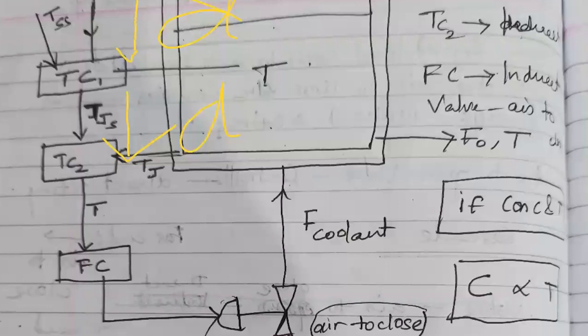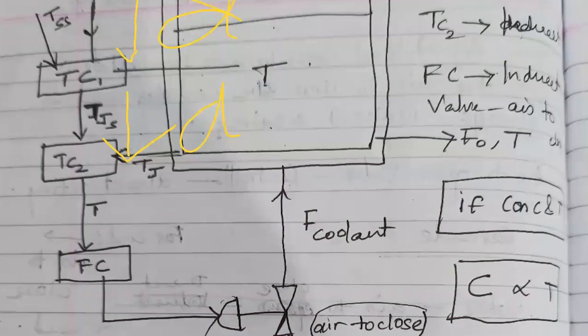So what about TC2? TC2 is getting an input from TC1 to decrease the jacket temperature. So what instruction should he give to the flow control? Okay, it is decrease, but what should he do with the flow control? If you want to decrease the temperature of the jacket, you should increase the coolant flow rate.